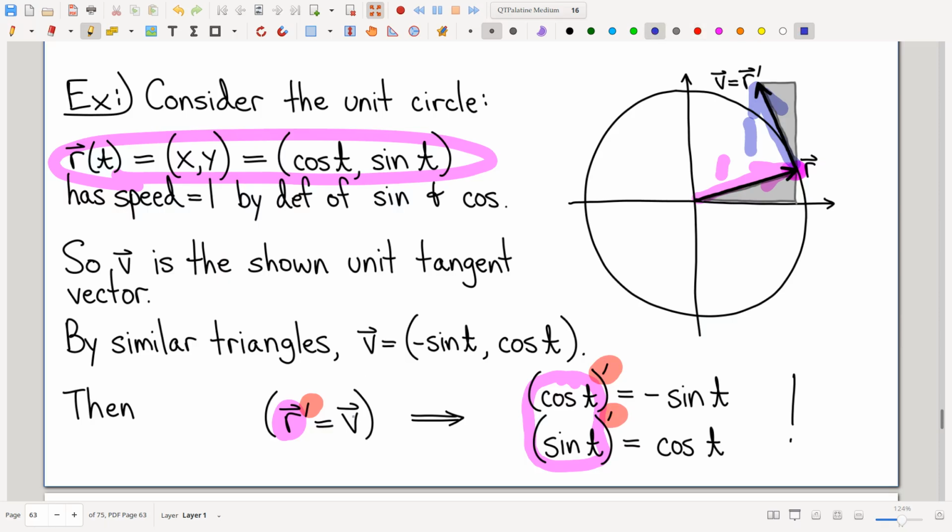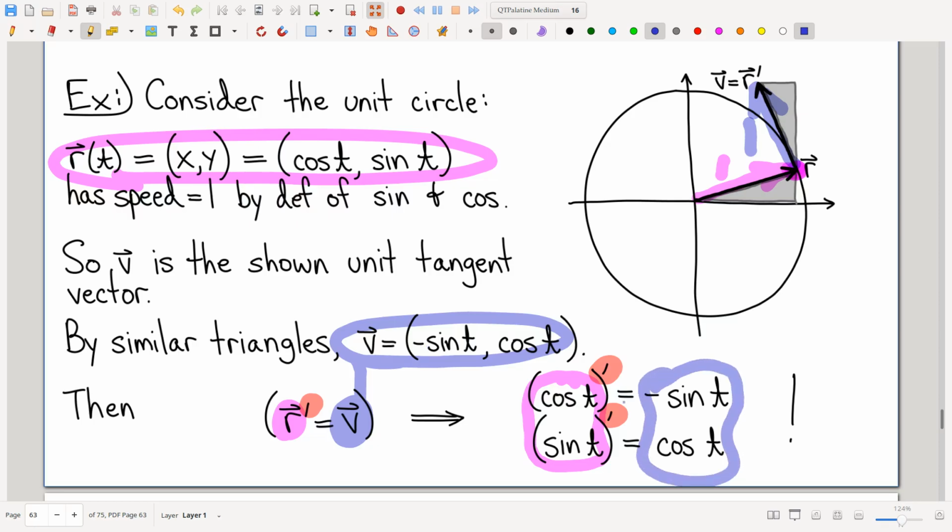That's something we know. But I just talked about what the velocity is. The velocity is this vector, and these are congruent triangles, and so I know these two because I know those two, and that blue vector therefore has to be this, just by looking at how the congruences work out. So merely by observing the geometry of the circle and knowing that derivatives are velocities, I get these two statements about derivatives.